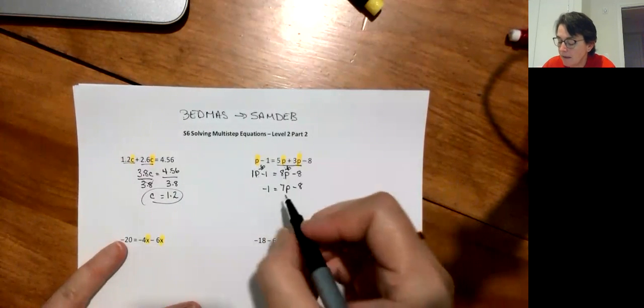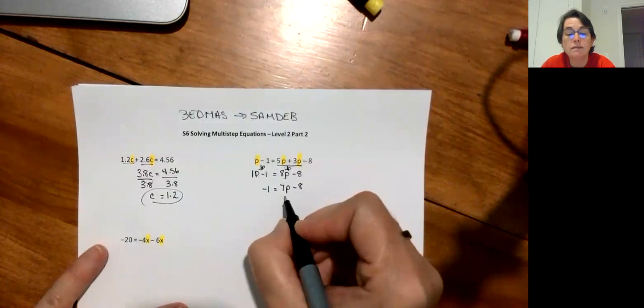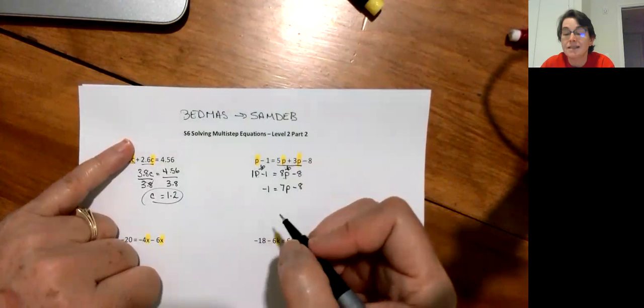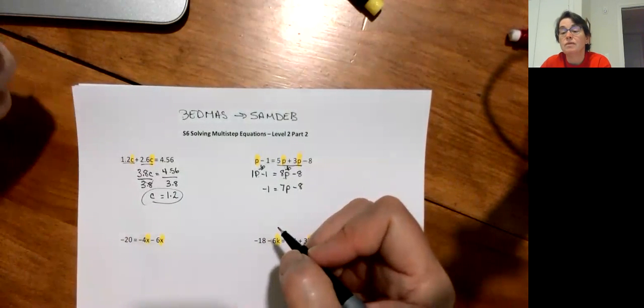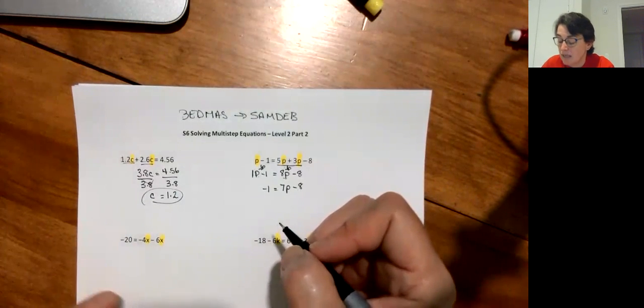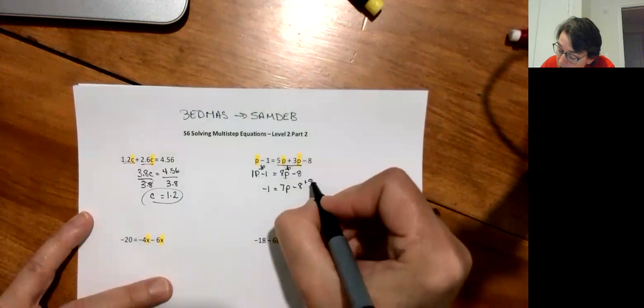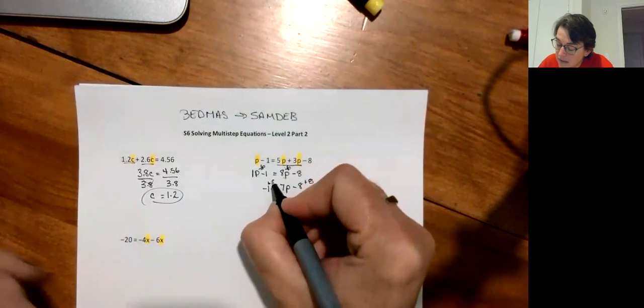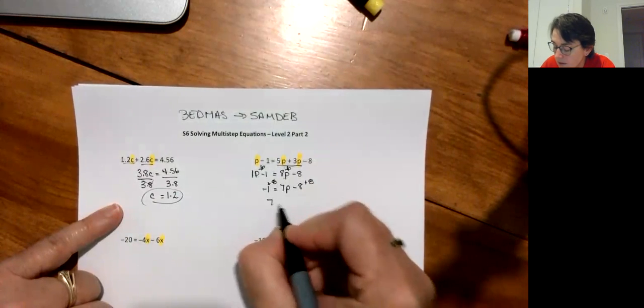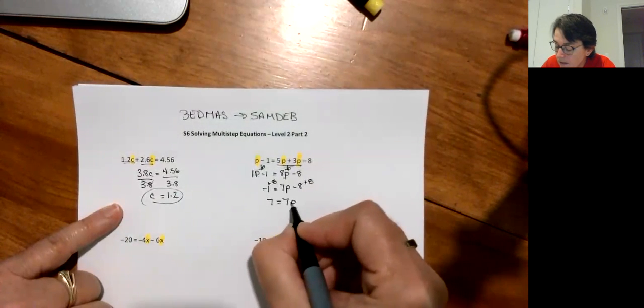All right, so my p's are all collected on one side. And now I need to get my numbers over here because we need to isolate. That's the second part. First you simplify, then you move from side to side, and then you do the division, usually division, to get it by itself. So plus 8, plus 8, negative 1 plus 8 is 7 is equal to 7p.